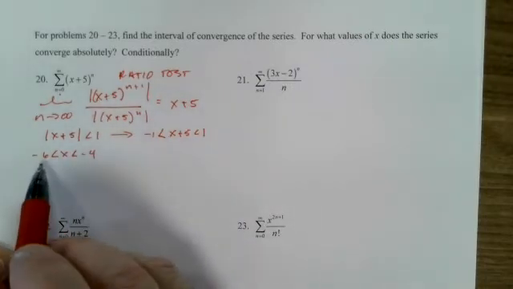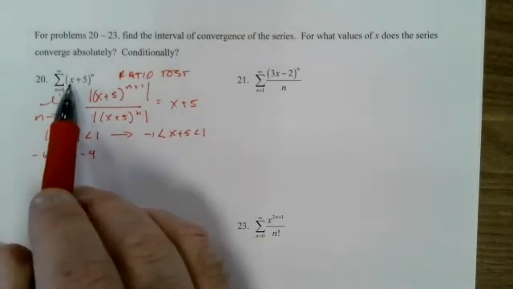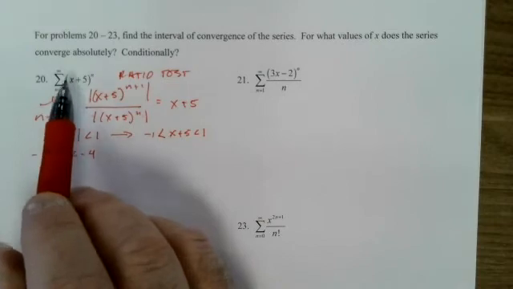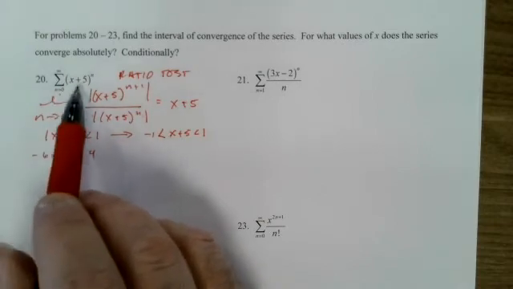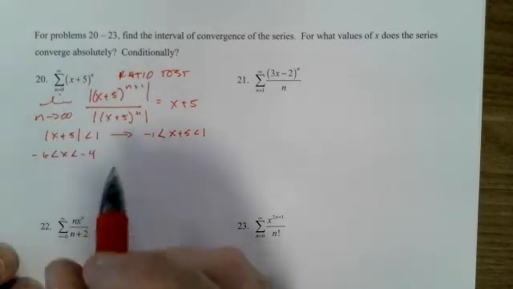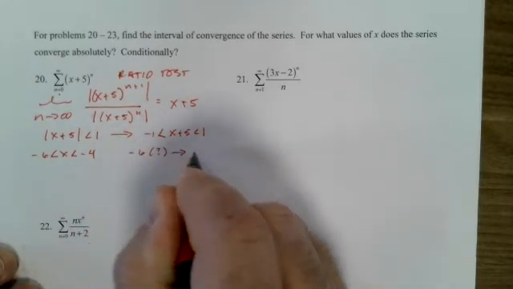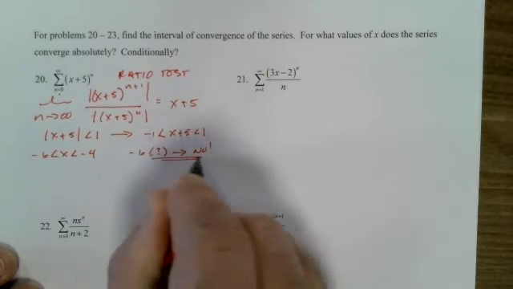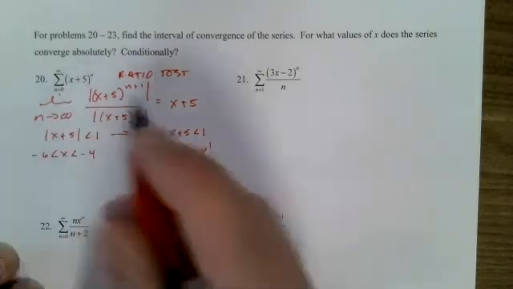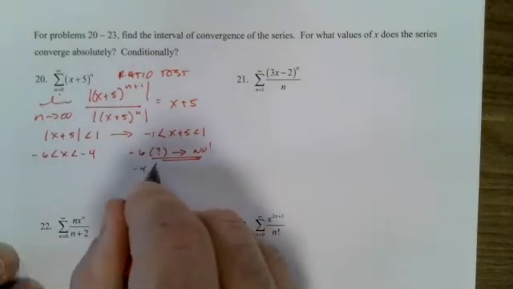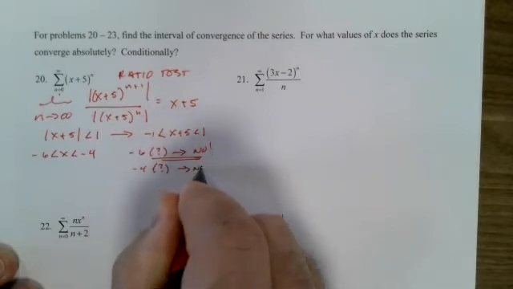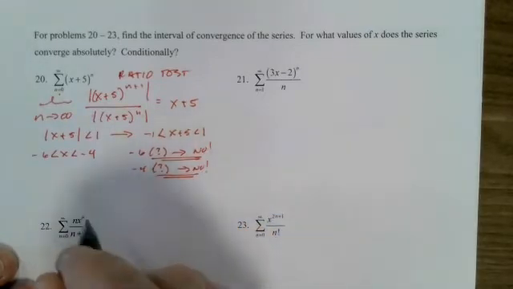Now we plug them in. -6 goes in here. -6 plus 5. And be careful here to see how quickly this goes wrong. Is -1. Hey, -1 to the n. It alternates. No, it doesn't. There's no n on the bottom. So -6, no. -4, 1 to the n. No. So there we are.